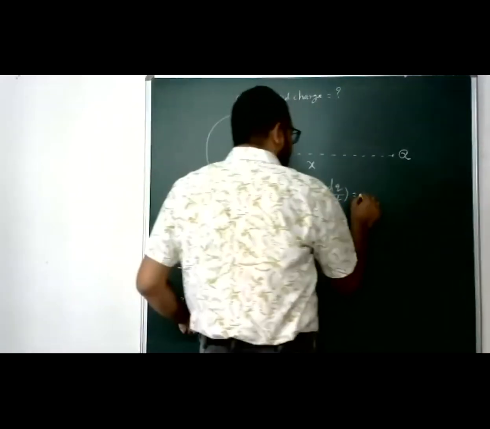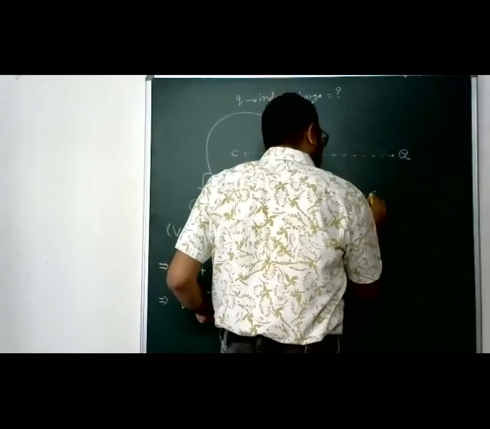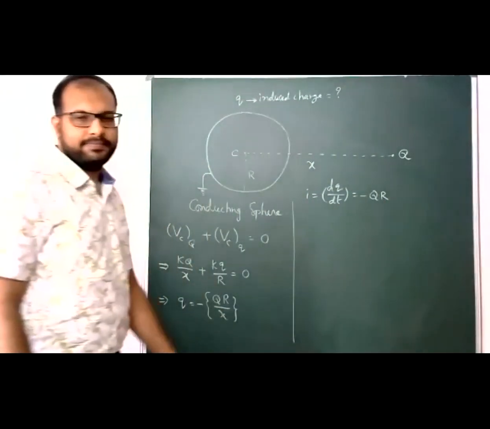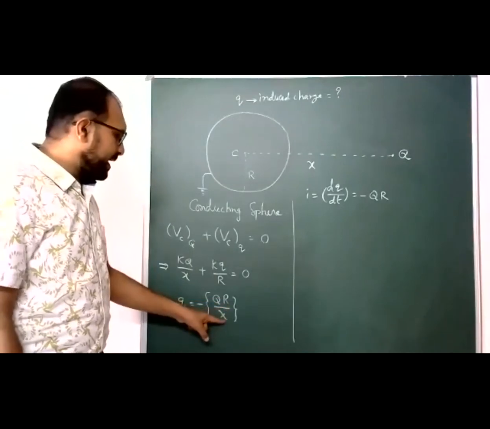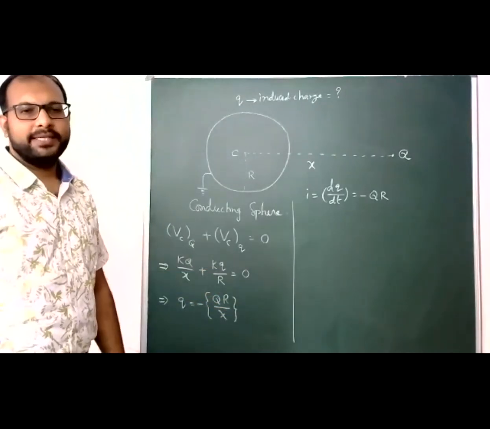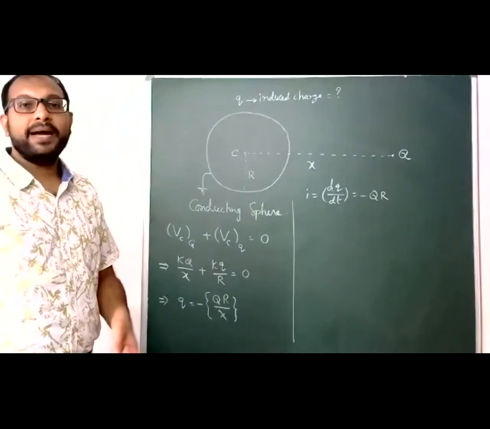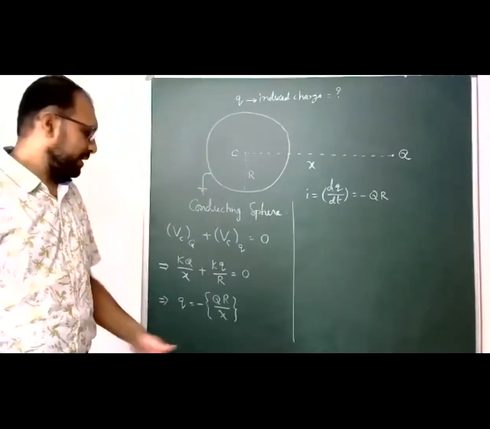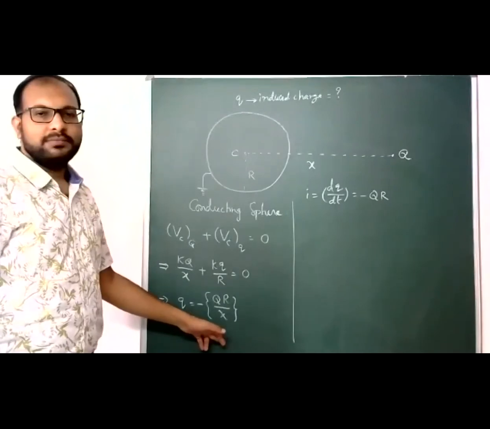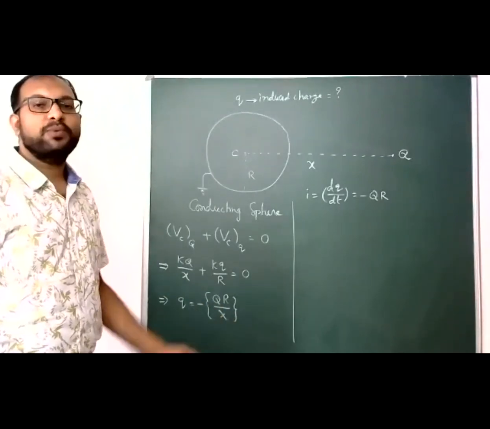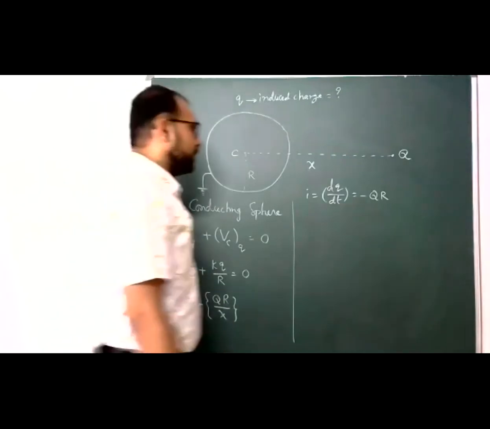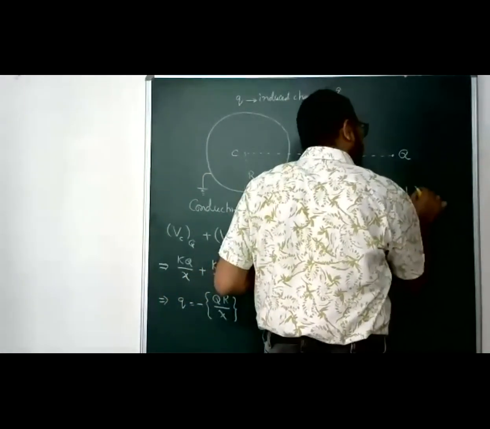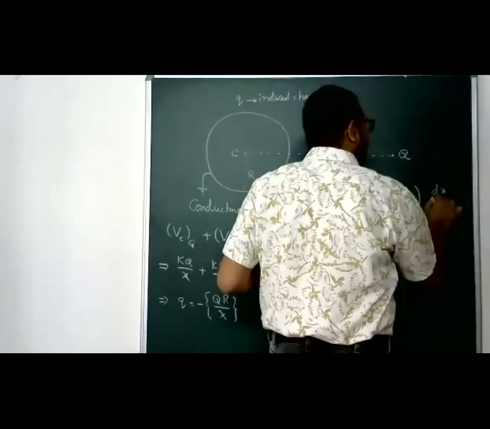So minus capital Q, capital R outside because they are constants. Then the derivative of 1 by x, that is x to the power of minus 1, gives minus 1 by x squared, so minus 1 by x squared into dx by dt.